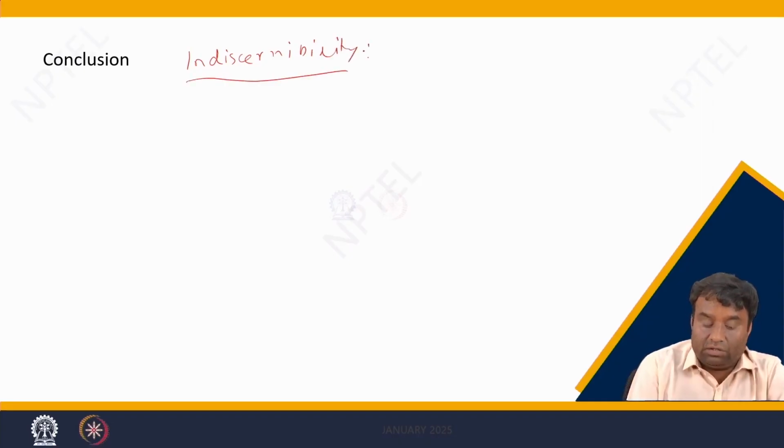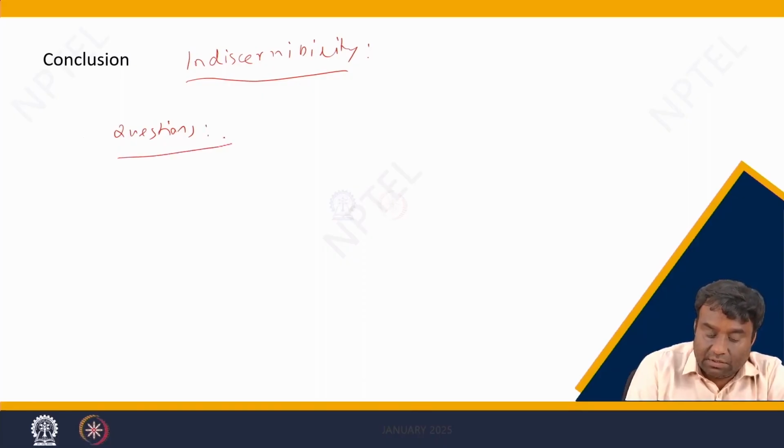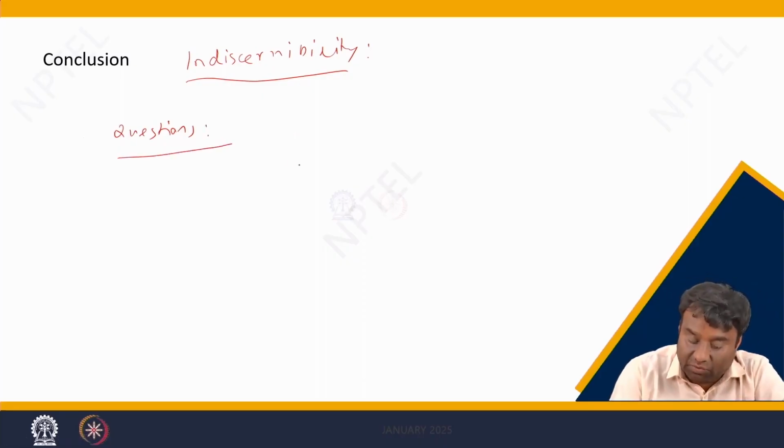Now, the question for today's class is that you write some objects: O1, O2, O3, O4, O5, O6, O7. Some attributes like A1, A2, A3. Give some values.